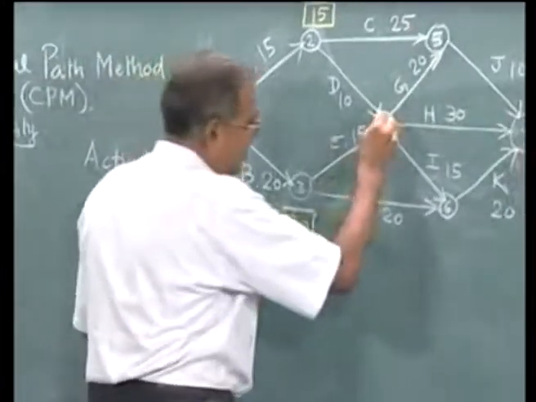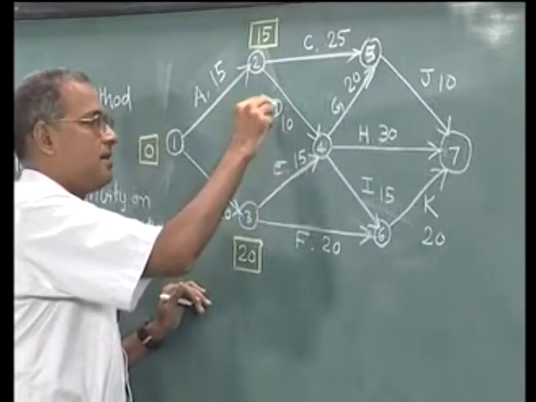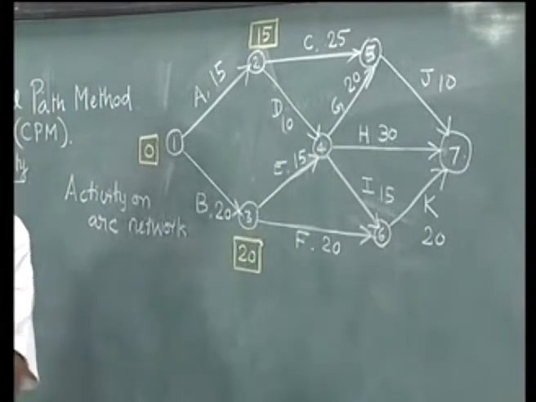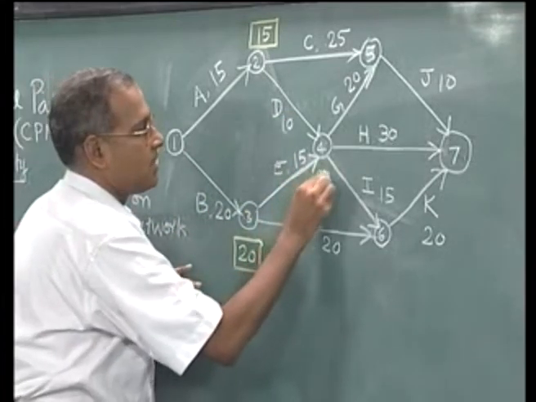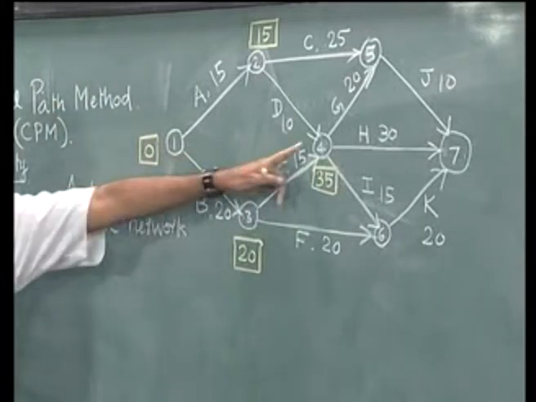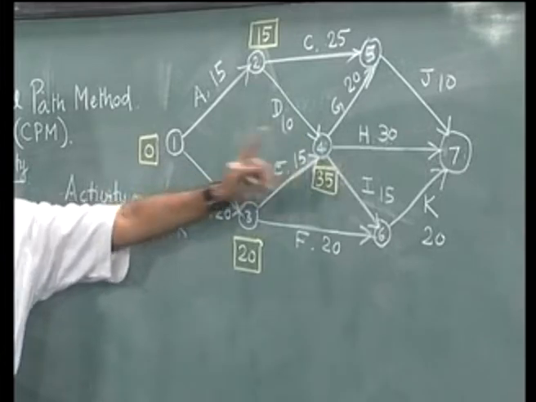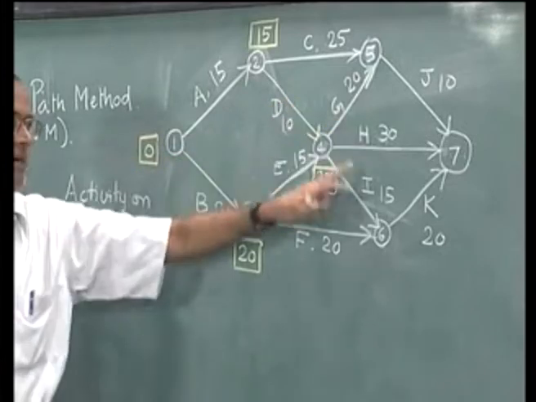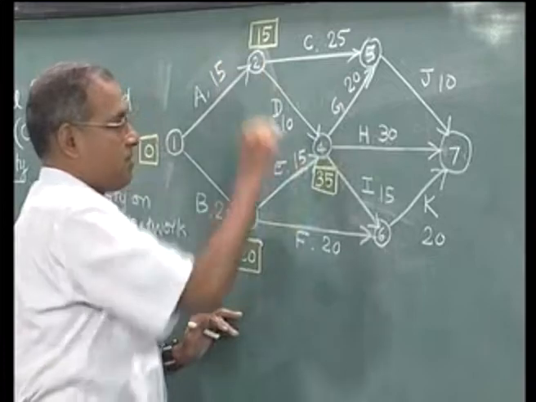When this 4 indicates the event which symbolizes the completion of both D and E, then the label that we put here should be the maximum of 15 plus 10, 20 plus 15. So, we get 35 here. We take the maximum because 4 here indicates the point where both D and E are over, such that G or H or I can begin. So, with 4 we put 35 here.